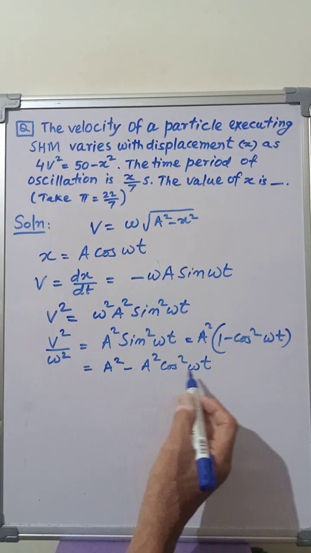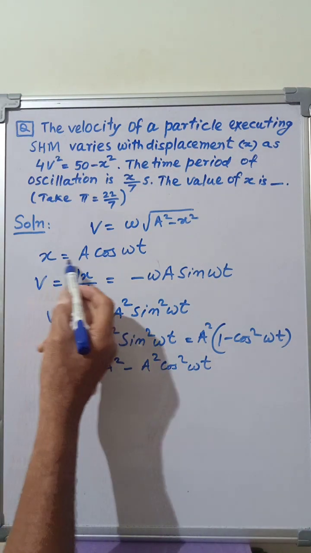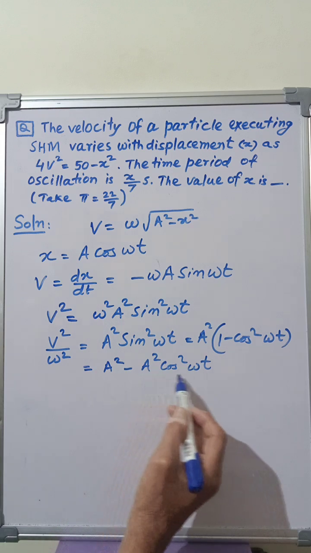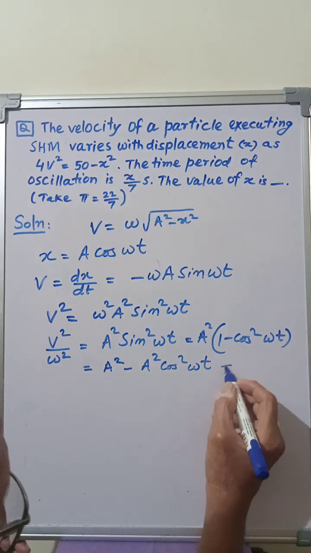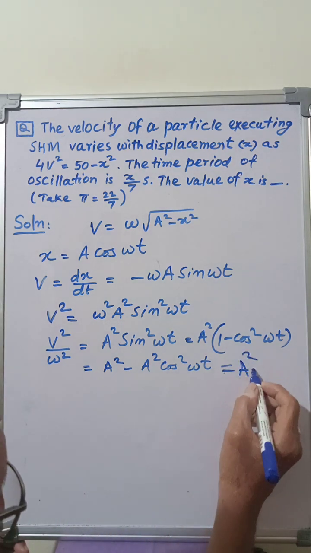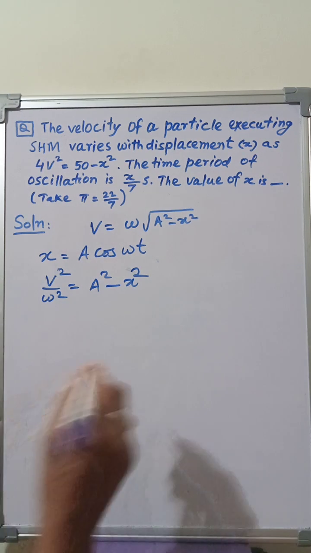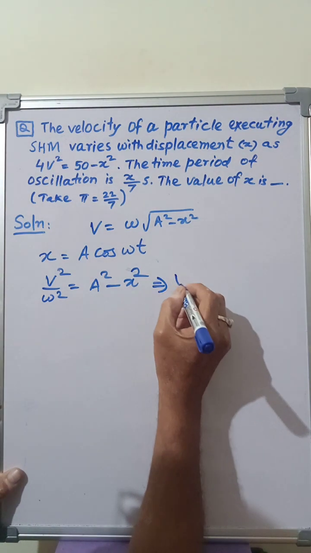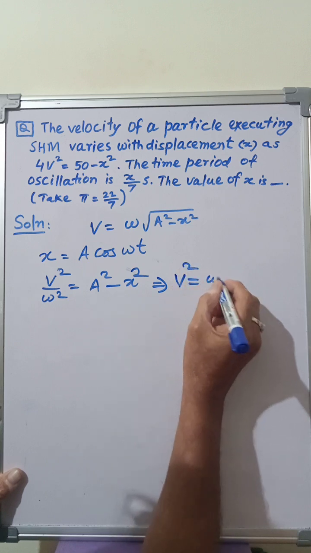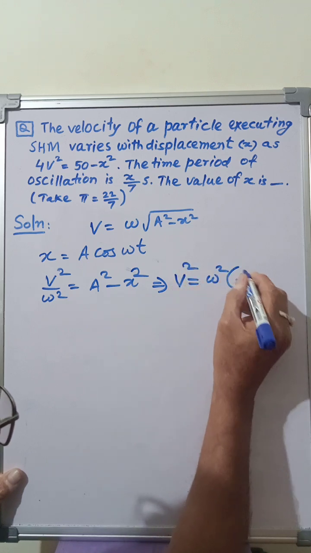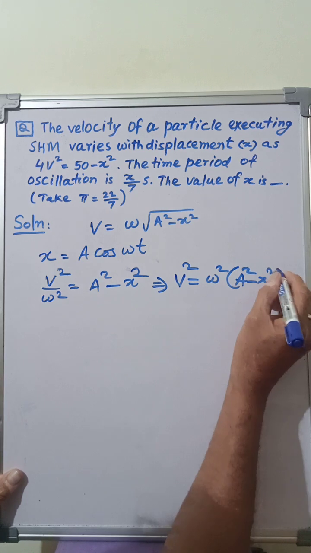Now a square cos square omega t is equal to x square, because x is equal to a cos omega t. So we can write this as a square minus x square, which implies v square is equal to omega square into a square minus x square.